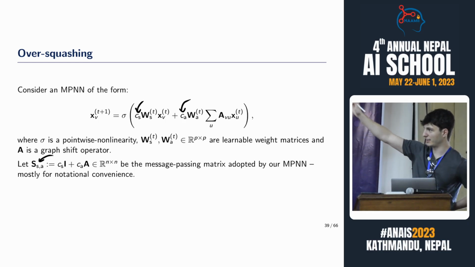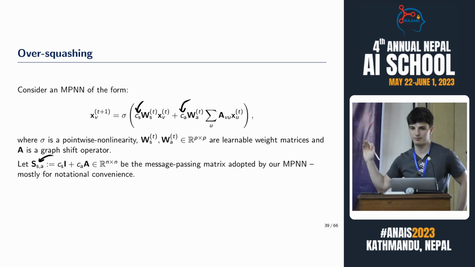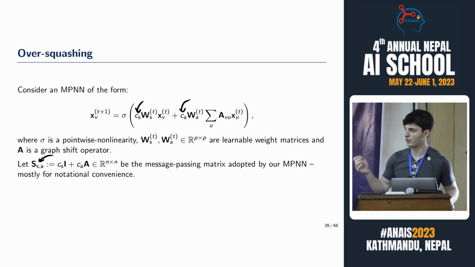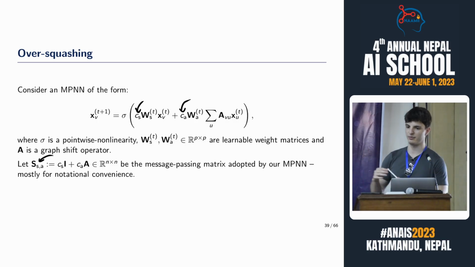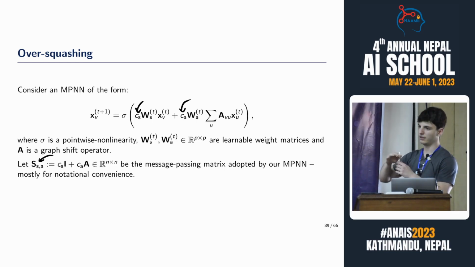Consider this message passing neural network. This is the same neural network we saw before. I just added these two factors, but this is just notational convenience. Of course, you could absorb these into the matrix. So in some sense, the CS and CA tell you how much weight you're giving to the self loop and your neighborhood factor.